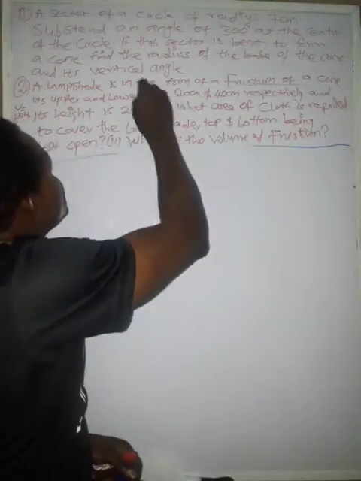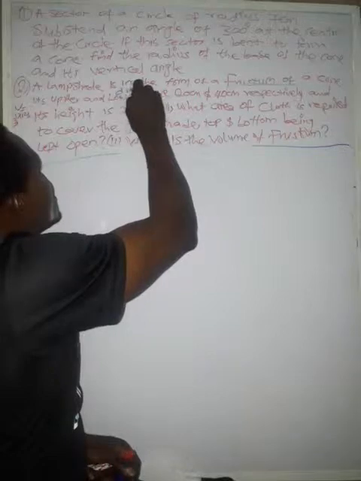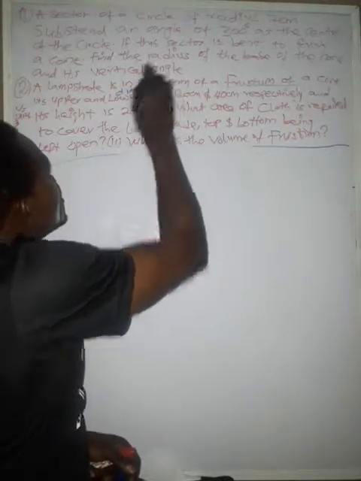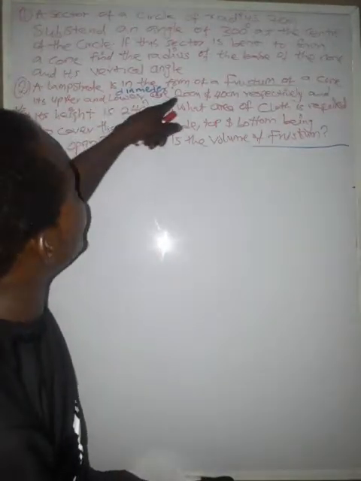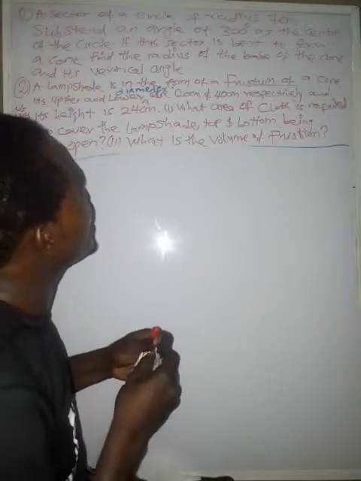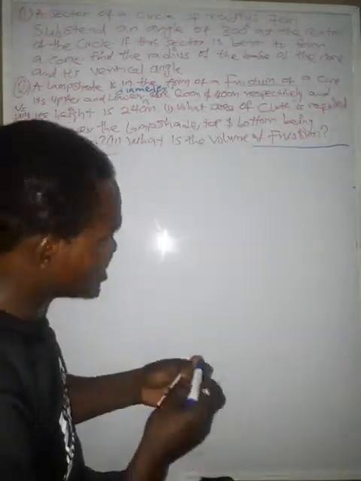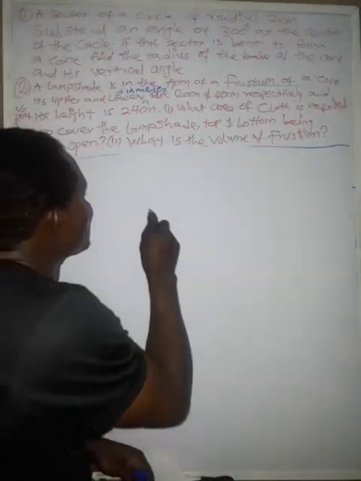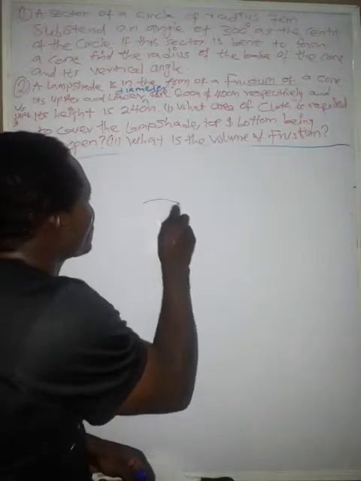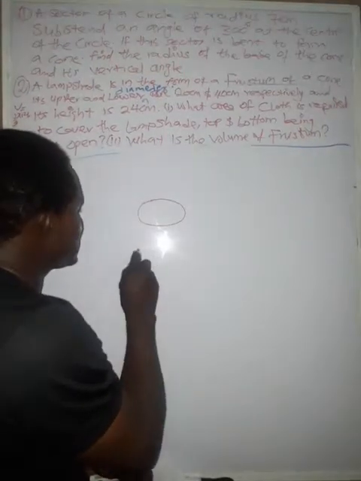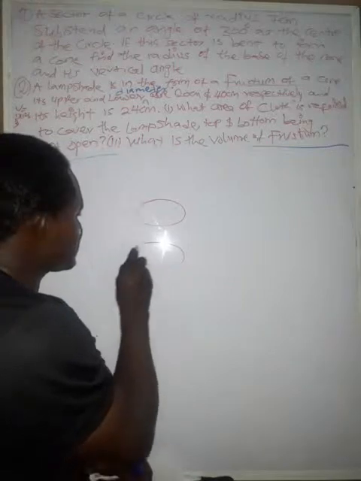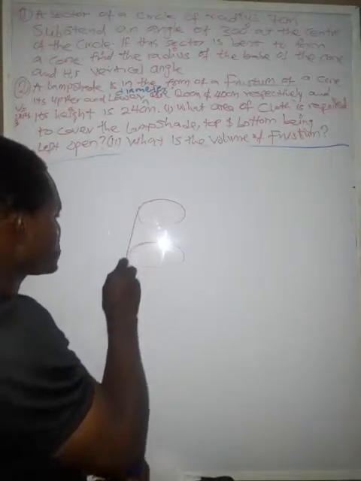Upper and lower diameter. There should be diameter here. Upper and lower diameter are 20 centimeter and 40 centimeter. So let me draw that. I'm having a frustum of a cone, of which I have this. I also have this. So join.